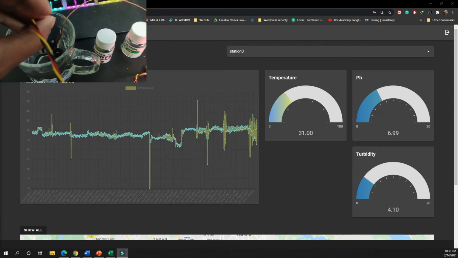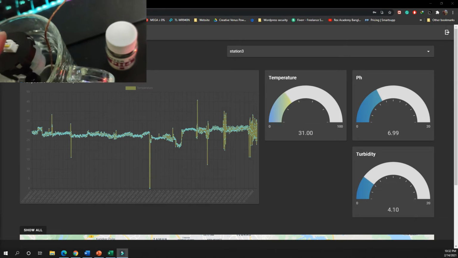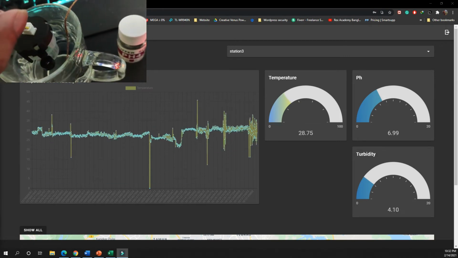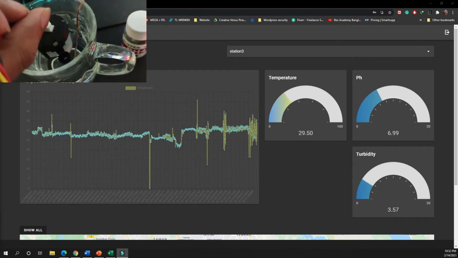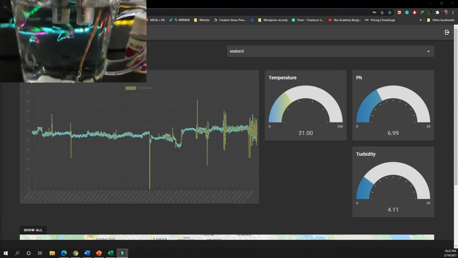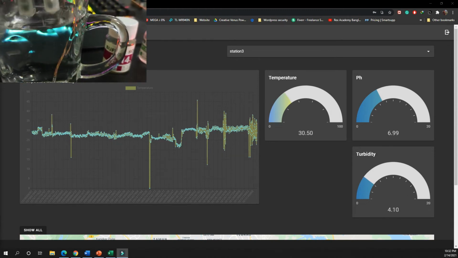When we immerse the turbidity sensor, the voltage increases. When we take this out, the voltage decreases. Again, when we put the sensor in the water, the voltage increases.